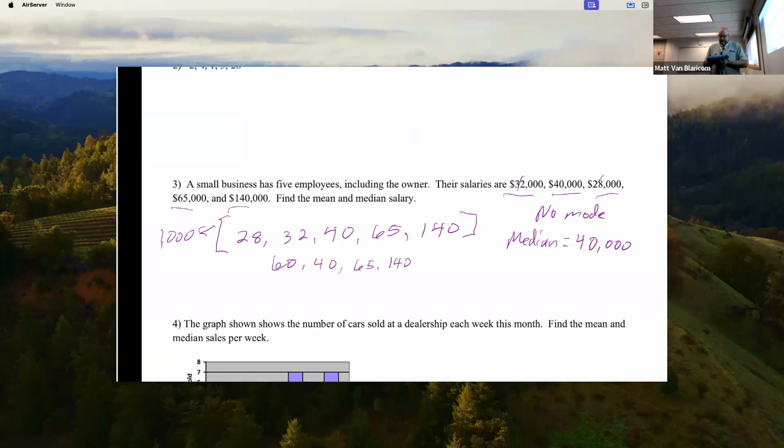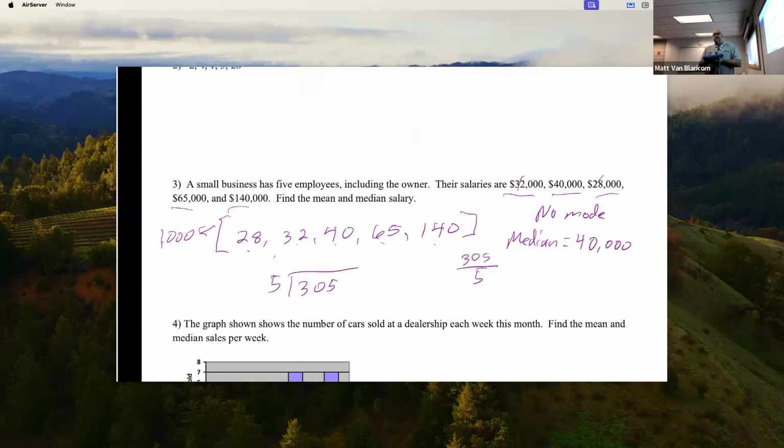If I take this 60 and 40, that's 100, and 65 plus 140 is 205. Put these together and I get 305, and we're going to divide that by the total data points, 1, 2, 3, 4, 5. That will give us our mean. So 305 divided by 5.